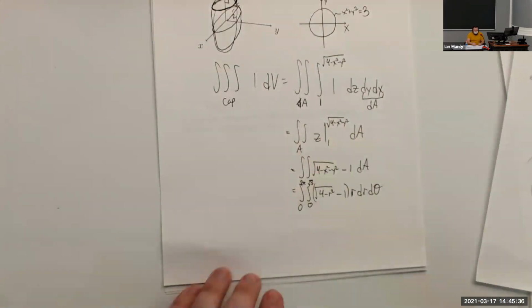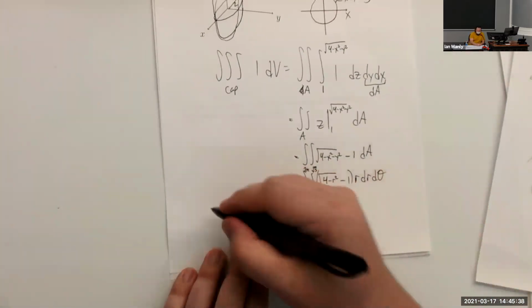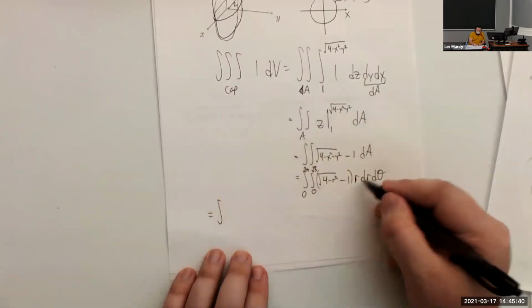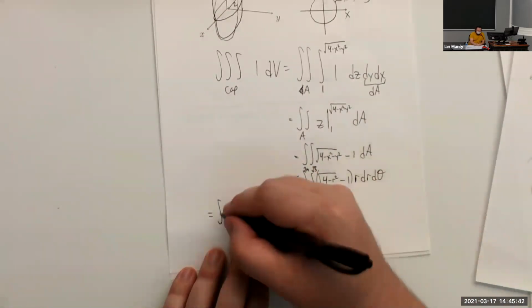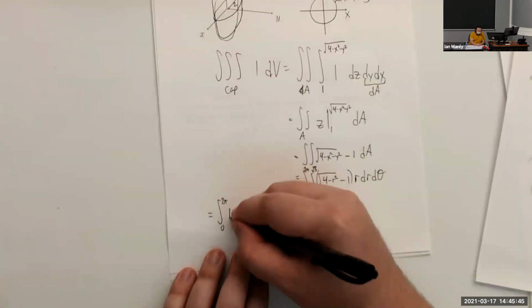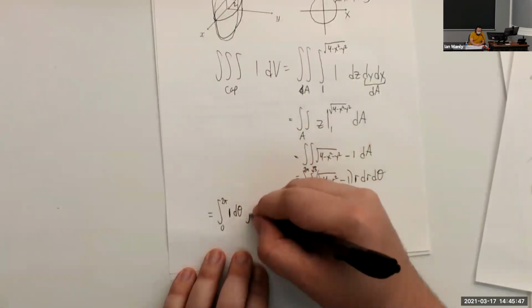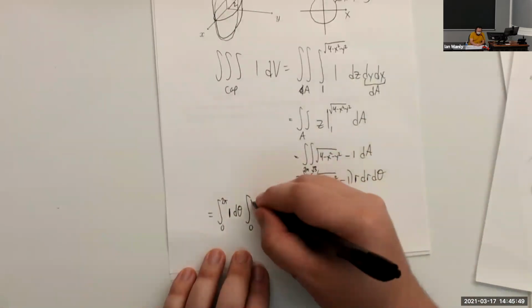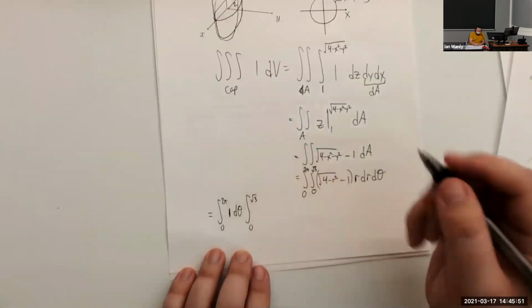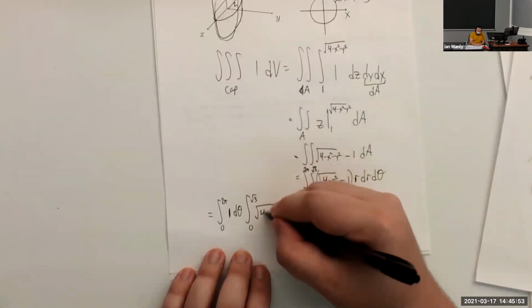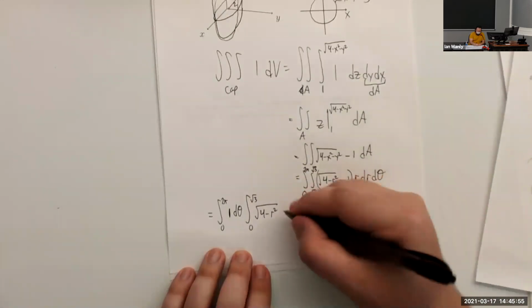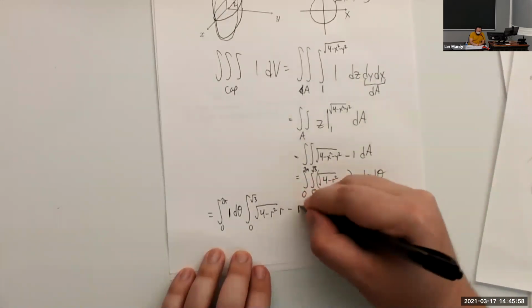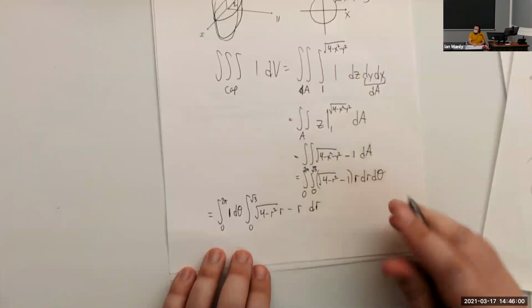Okay, now I'm going to do my multiplication thing here. Since this is only an integral with respect to r, I could just imagine that I have the integral of 1 d theta right here. And then I'm just doing the single integral of root 4 minus r squared, times r, dr.